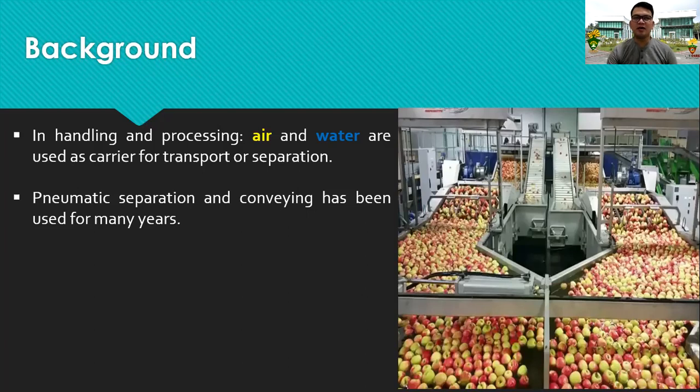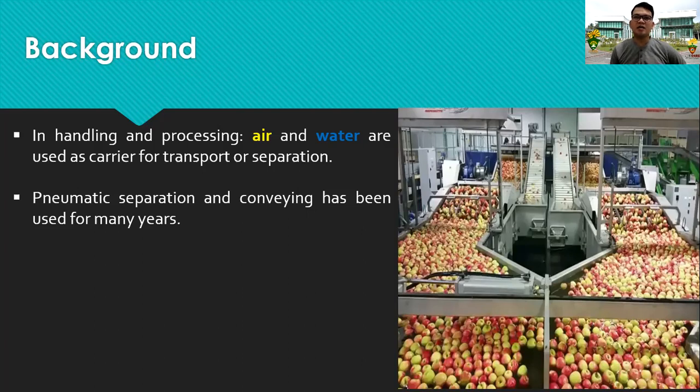Pneumatic separation and conveying has been used for many years. If you've been to a milling plant, for example a rice mill, you can see that the rice is transported from a lower place to a higher place, and then it will be milled, particularly through pneumatic separation, through the blowing of air.